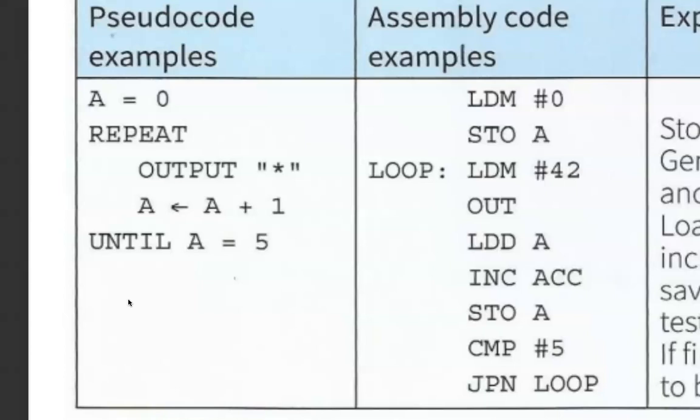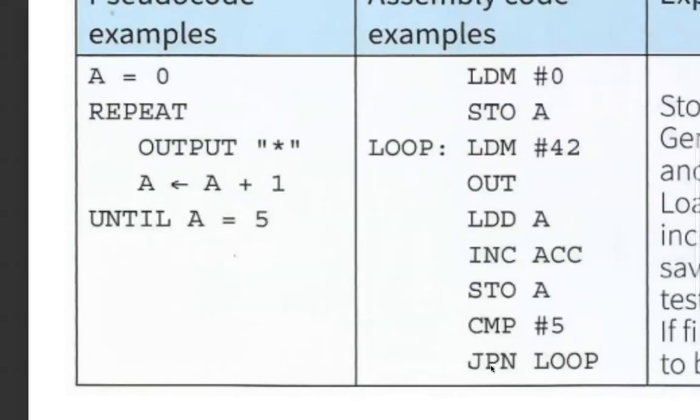No more running. So what will this condition be true on? It will be true if a is equal to 5. So if it's not equal to 5, then I am jumping back up here. So it should make sense that I'm using JPN, jump if not equal to, because I'm jumping back if a is not equal to 5.